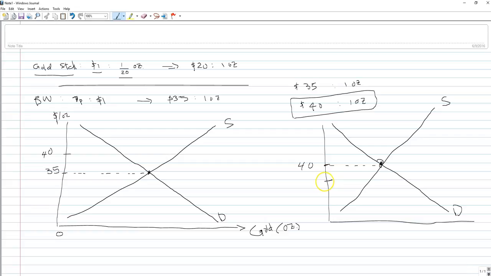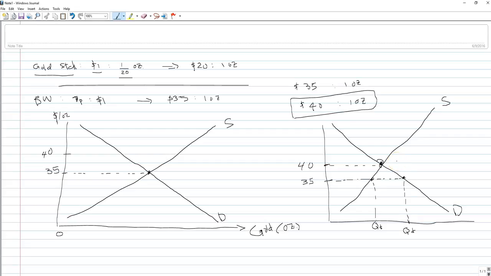And the 35, which is the official exchange rate, was just too low. And as you can see here, this is the quantity supplied, this is the quantity demanded. So the quantity demanded of gold was greater than the quantity supplied of gold at that price of 35.